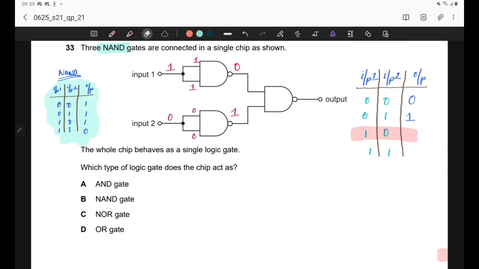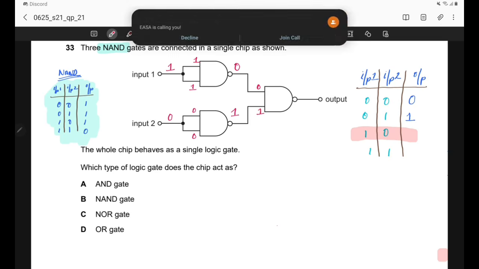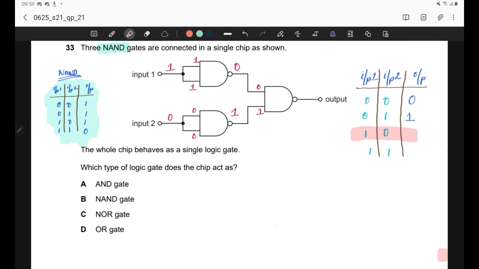Now we can focus on the third NAND gate in this logic gate, where we have input 0 and 1. For a NAND gate, if you have 0, 1 input, the output will be 1. Therefore, for this 1, 0 combination for the whole logic gate, we will get 1 as the output.